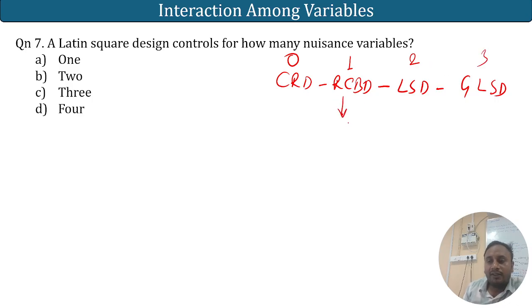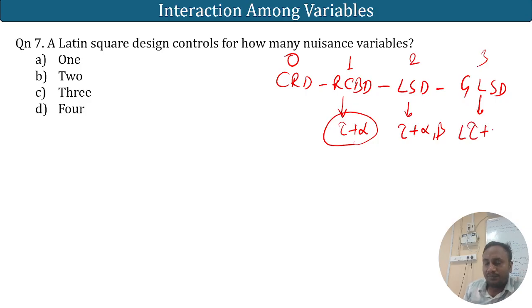RCBD, 1 will be the nuisance factor plus treatment. Here, treatment plus row plus column. Then Graeco-Latin, treatment plus row plus column. No, no, 3 only. So this will act as only one. Row and column will be only one.